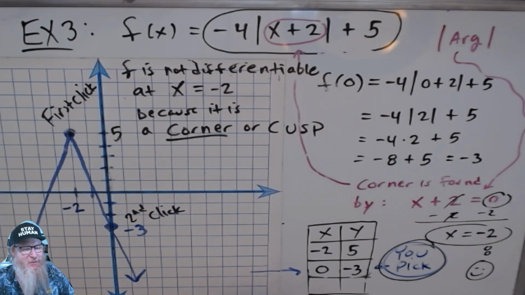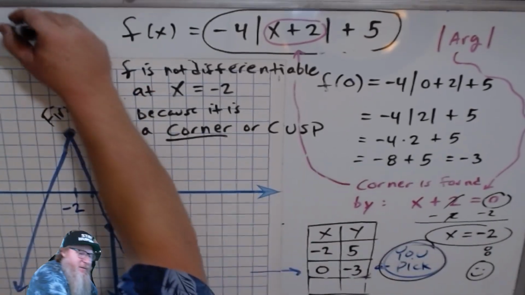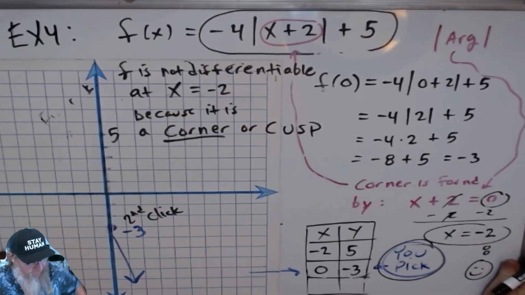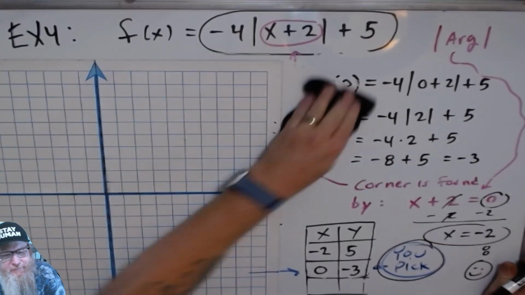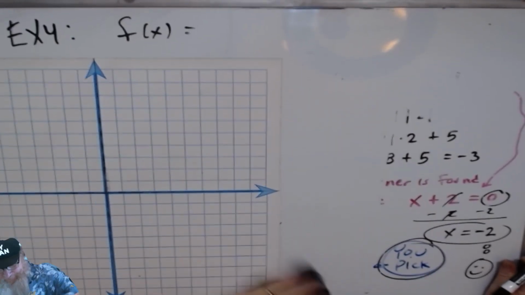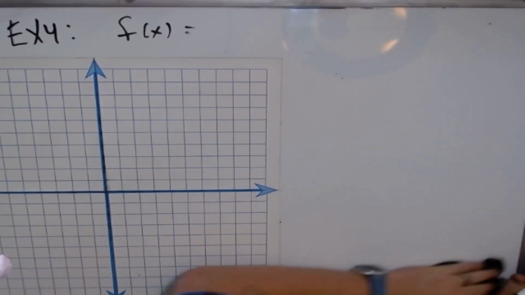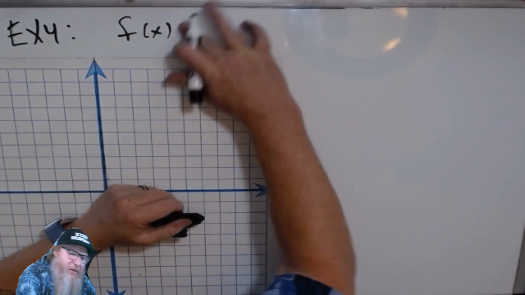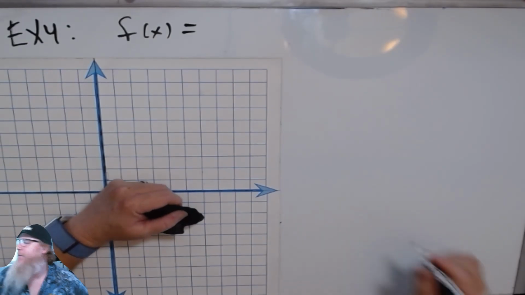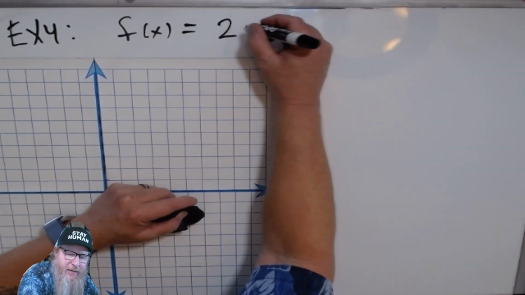All right, let's do another one. Example 4. I'm starting with examples with these graphs of things that you've already done in a college algebra course. So this should not be too bad.